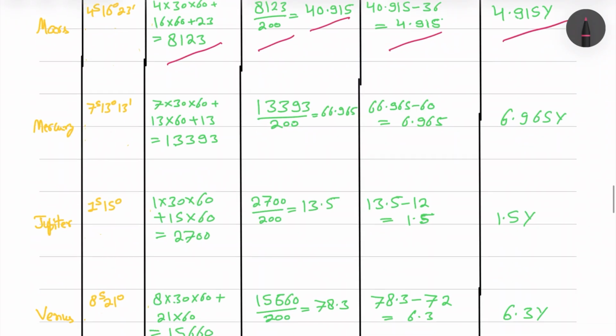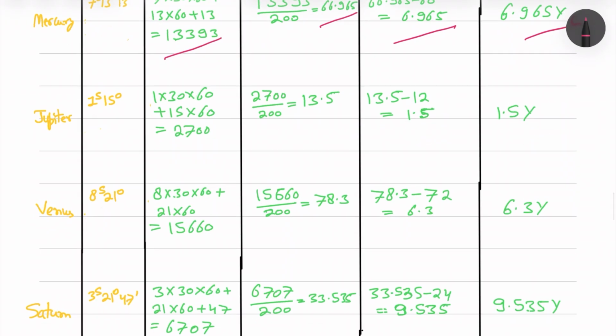Similarly, Mercury is 7 signs 13 degrees 13 arc minutes. We convert it into minutes, it is 13,393. Divided by 200, we are receiving 66.965. And net after subtracting 60 is 6.965 years.